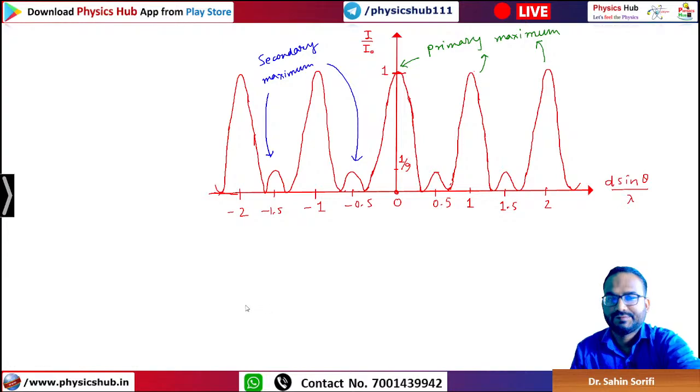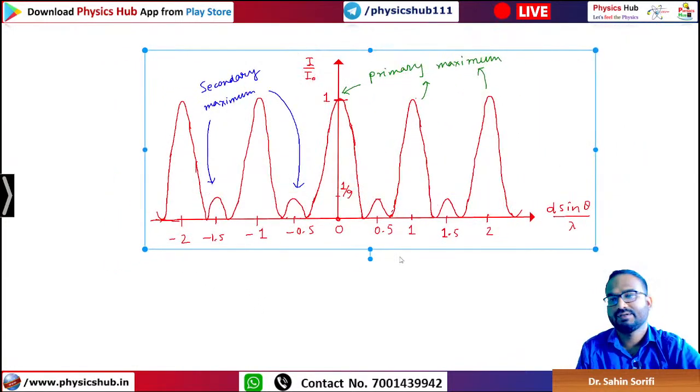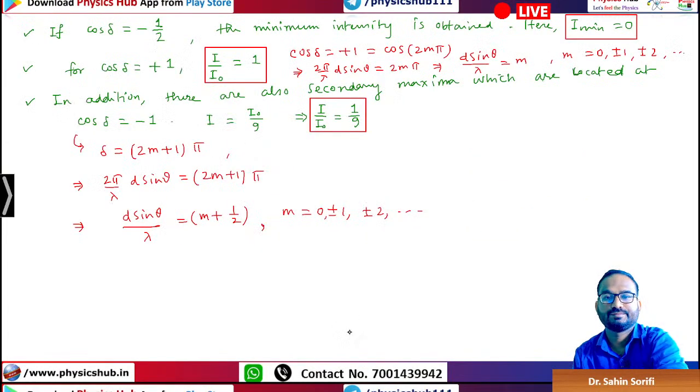Everything is all right now, guys. So you got the fundamental difference between a double slit and a triple slit interference pattern, I hope.